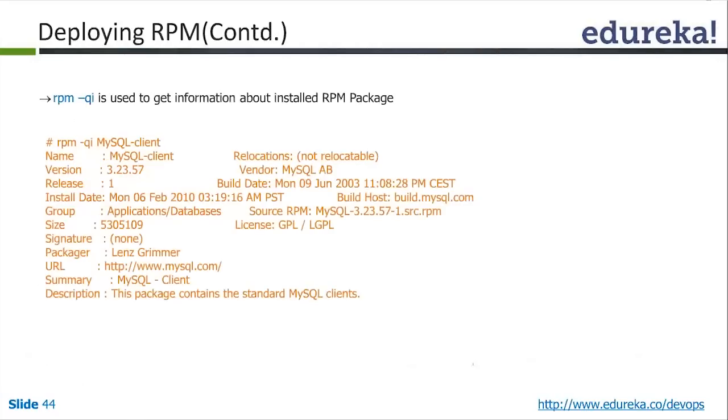These are the commands basically. We will run through them, don't worry. And if you want to know more information about that RPM package, we can do a qi, and it gives you all the things which you sourced from when you created a spec. I told you there's a spec file which you create. So that information is obtained when you use -qi on a particular package.